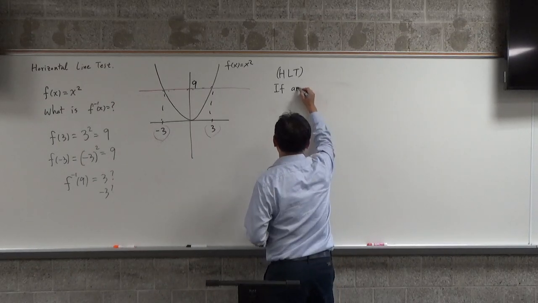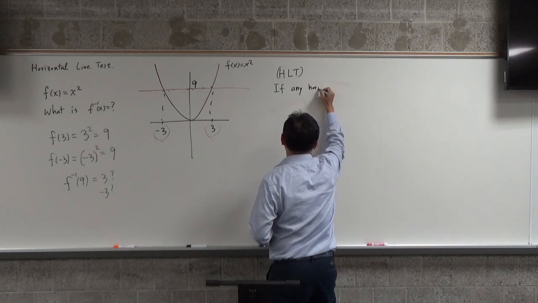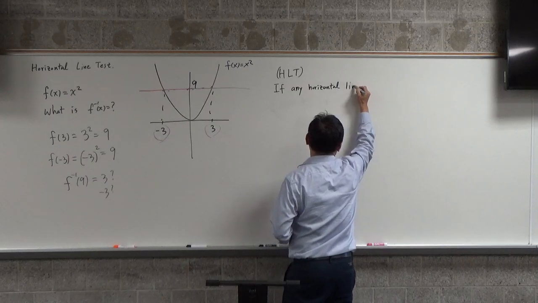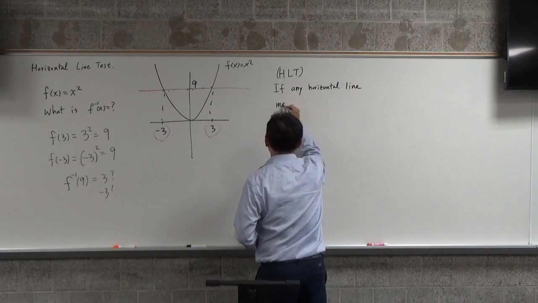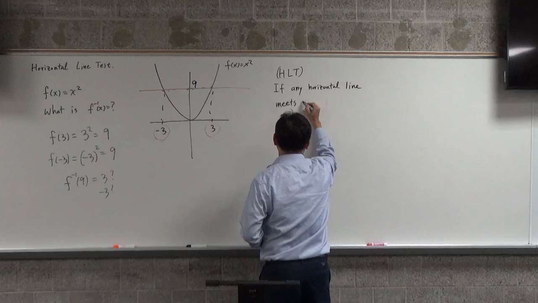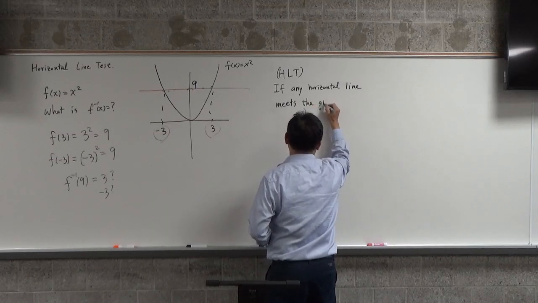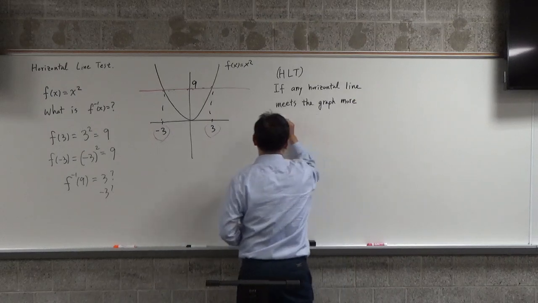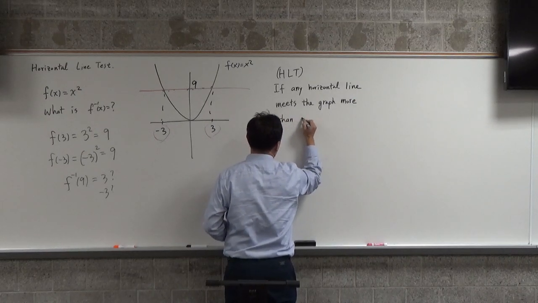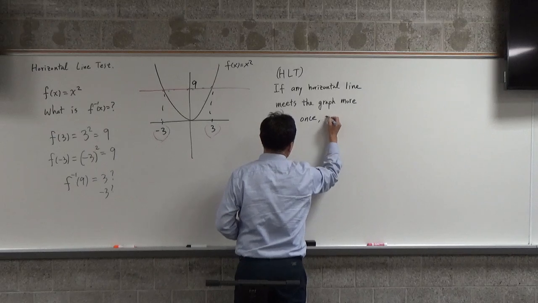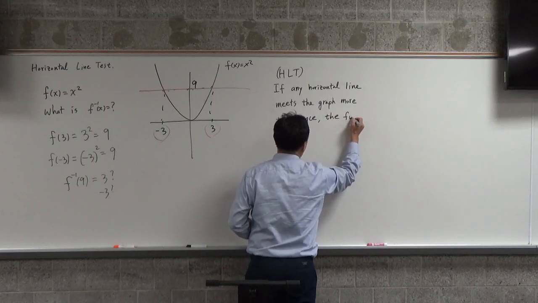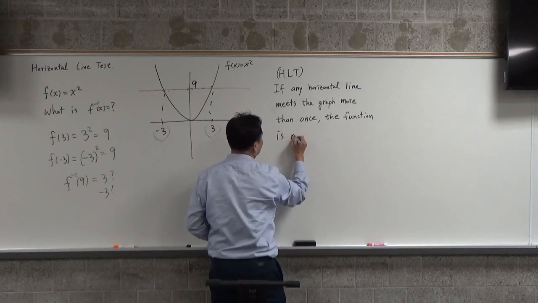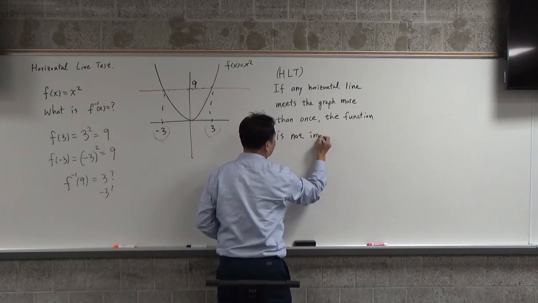If any horizontal line meets the graph more than once, the function is not invertible.